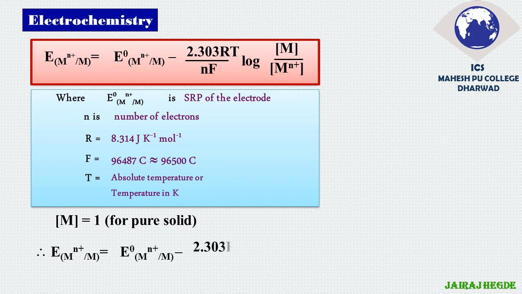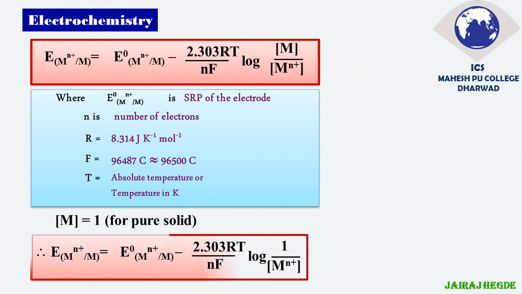E is equal to E naught minus 2.303 RT by nF into log of 1 by Mn plus. Log of 1 by Mn plus. Why is this 1? Because concentration of pure metal at its solid state is 1.